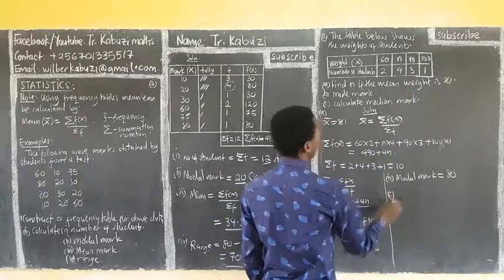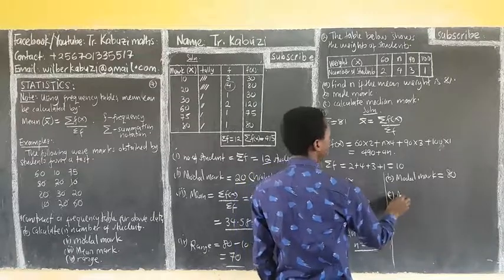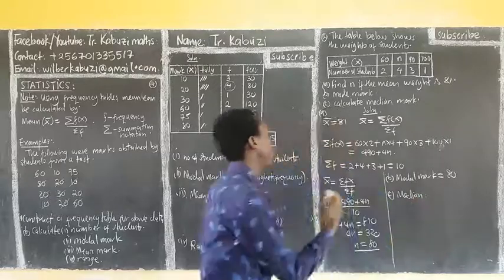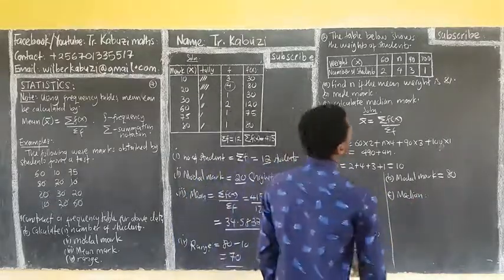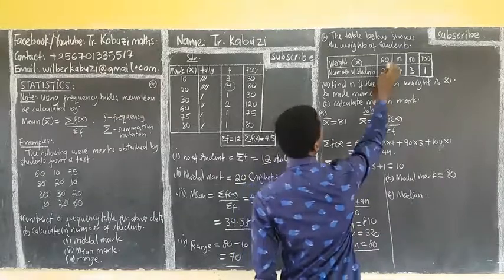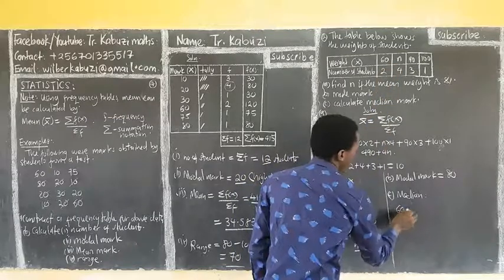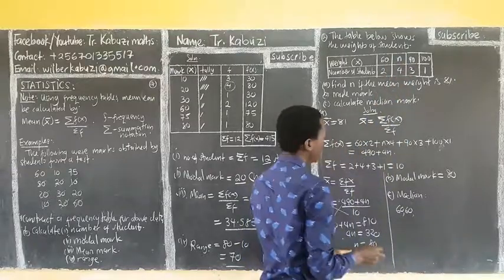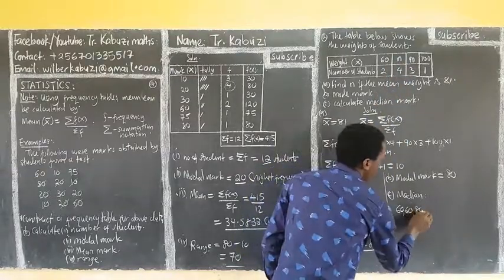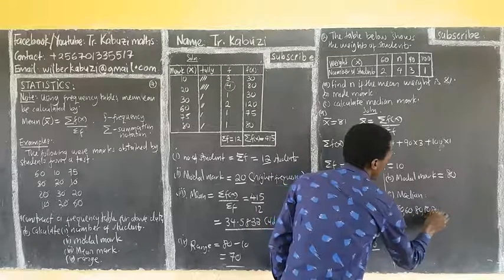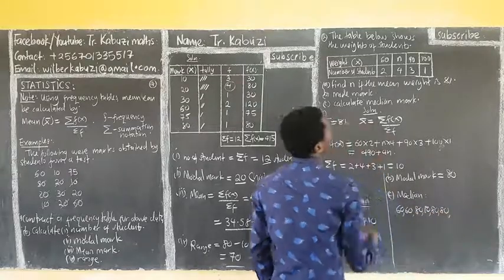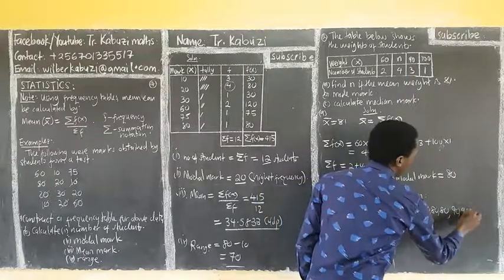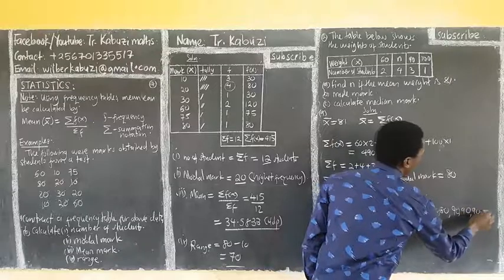Then part C, I want to calculate the median. For the median, we just arrange from small to big. The smallest is 60, and there are 2, so 60 two times. Then n is 80 and there are 4, so write it 4 times. Then 90, there are 3, and then 100.